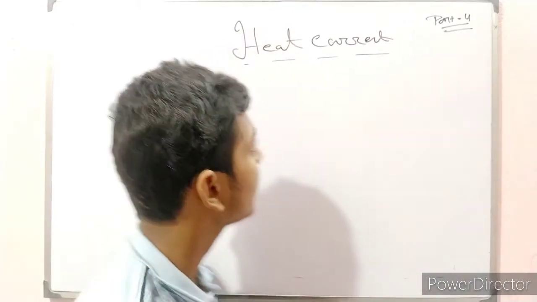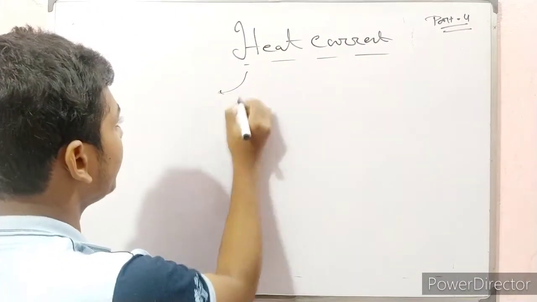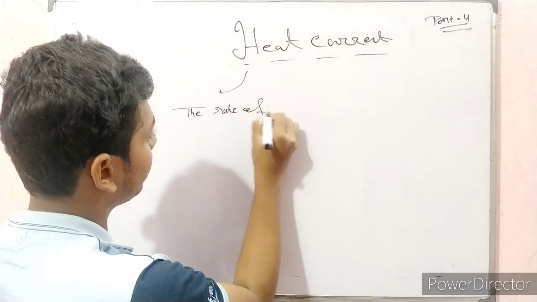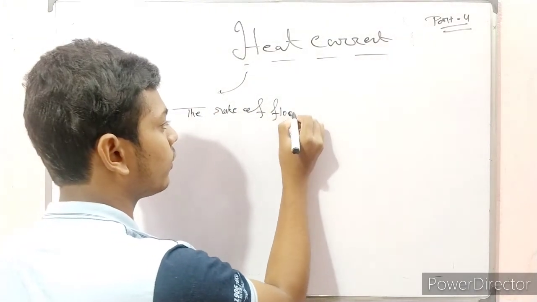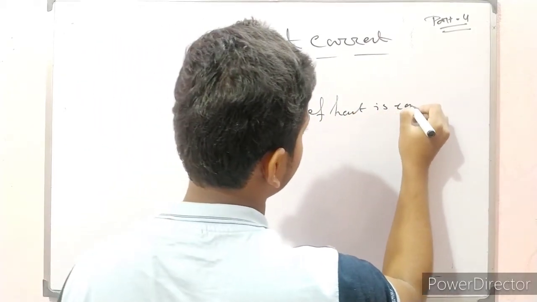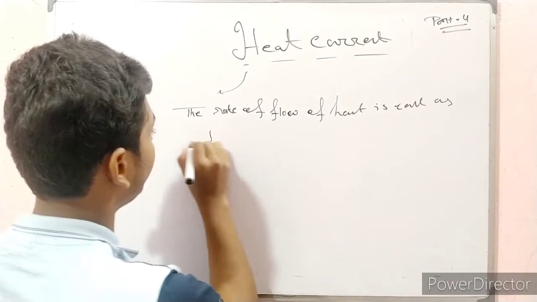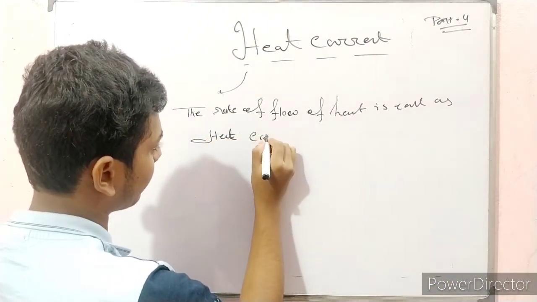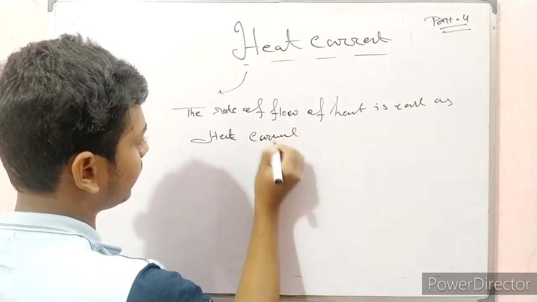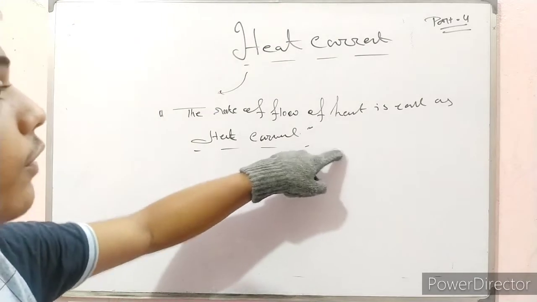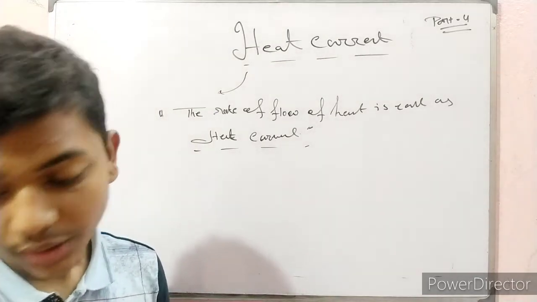What is meant by current? The rate of flow of charges is meant by current. So the rate of flow of heat is called the heat current.